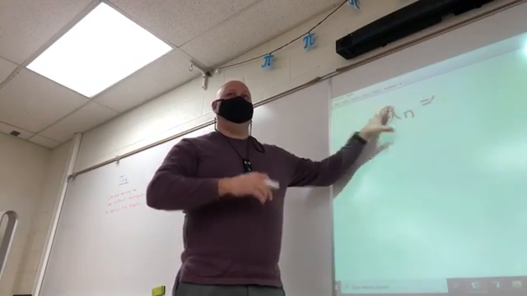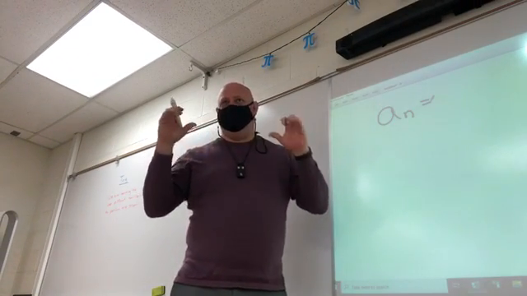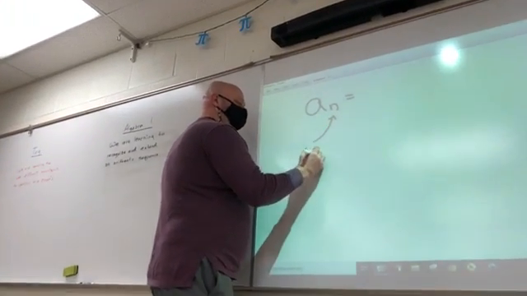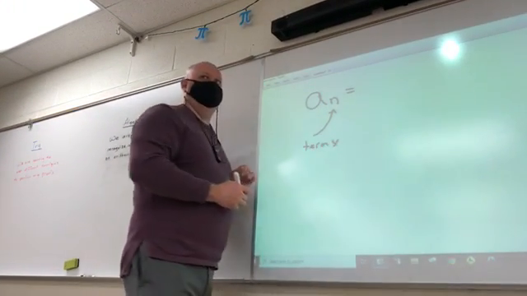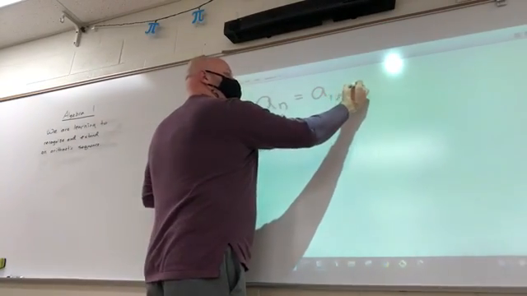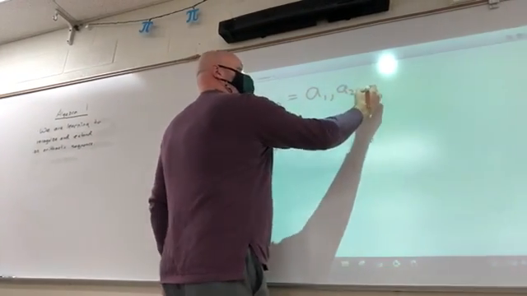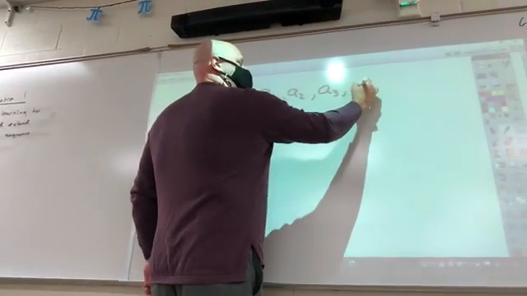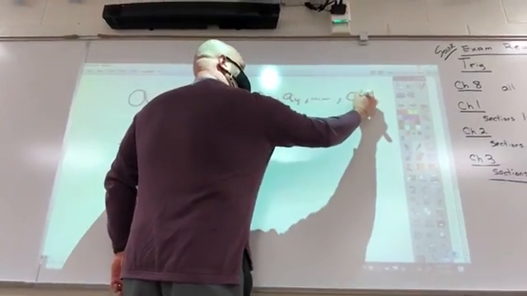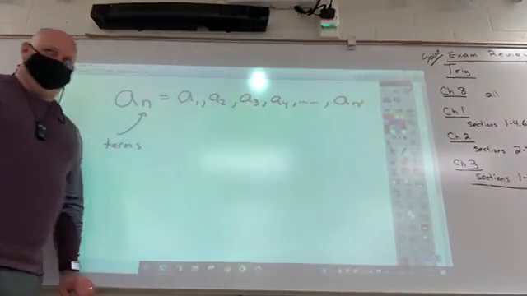Now, A is just kind of the name. N is basically the terms. So the way we write this is A sub 1, A sub 2, A sub 3, A sub 4, and so on and so on, all the way to A sub n.